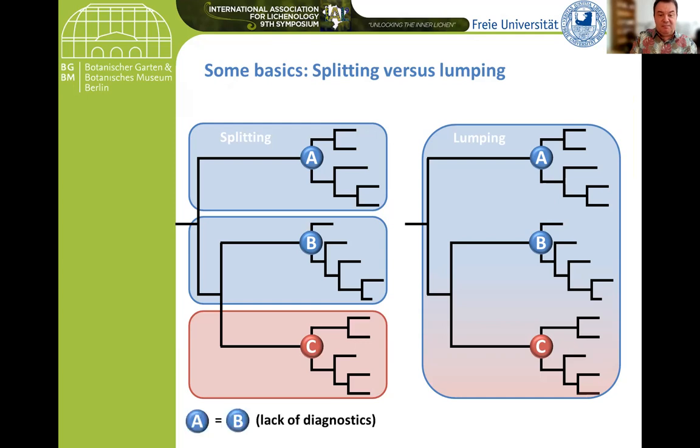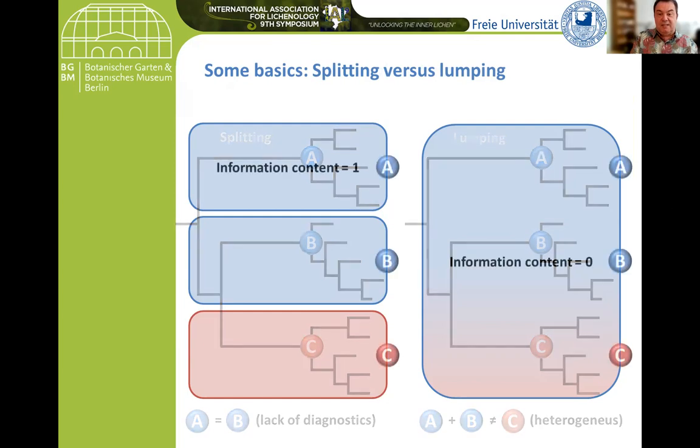So if you split them, then you have two clades, A and B, that are not diagnosable against each other. And if you lump them into one, which is often considered the better solution, we have the same problem, but the other way around. We have a heterogeneous group now where we have a distinctive element merged within a backbone with a different phenotype or morphology. So how can we assess this?